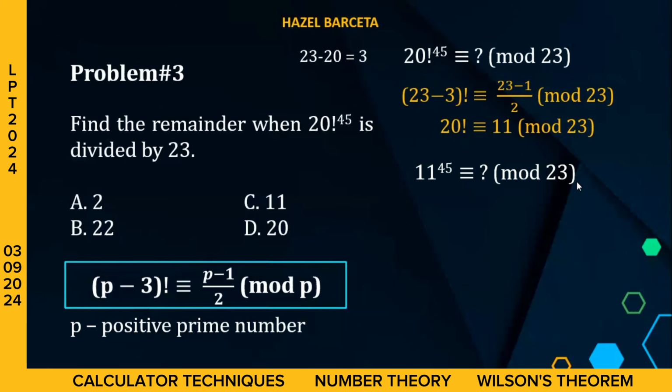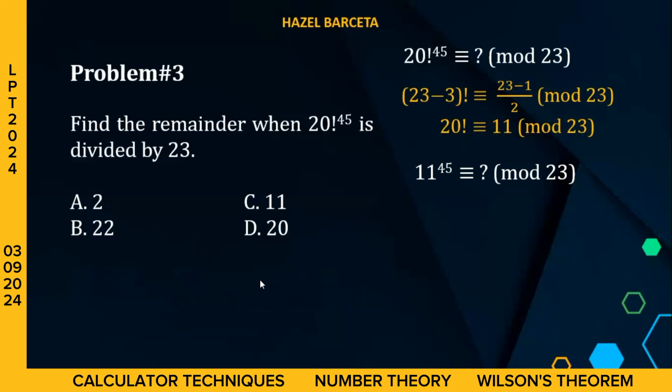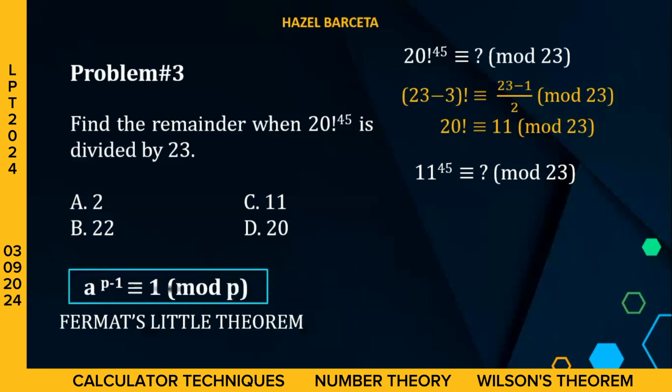And now, we will apply ang ating session 3 na FLT. Ano nga po ang ating formula? We have a raised to P minus 1 is congruent to 1 mod P. By the way, dito dapat si P ay prime number din. Since prime number naman ang ating 23, so proceed po tayo.